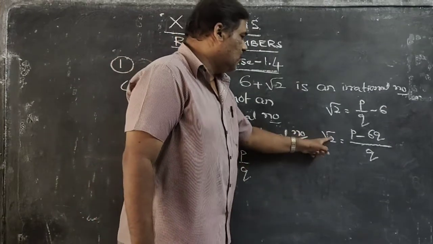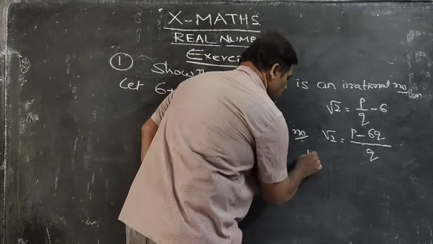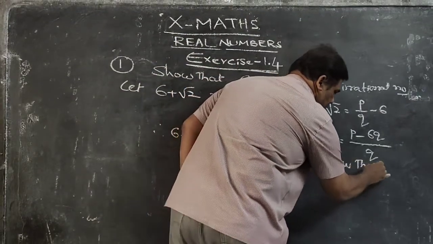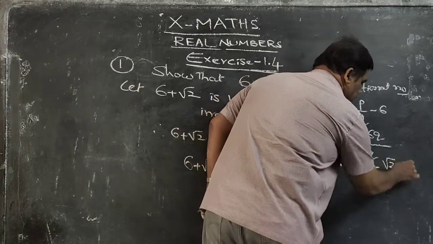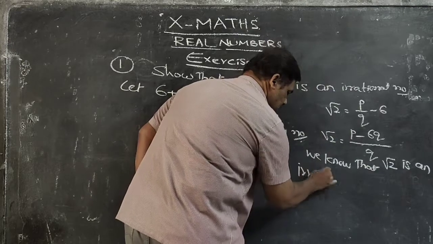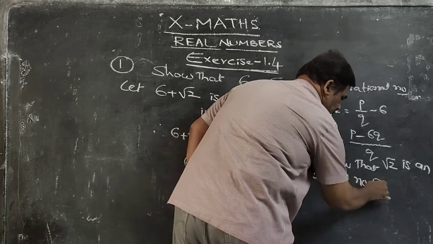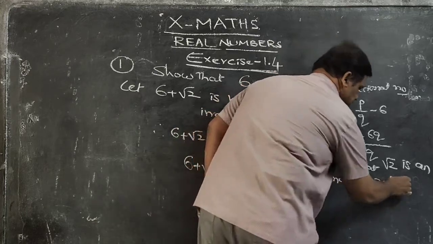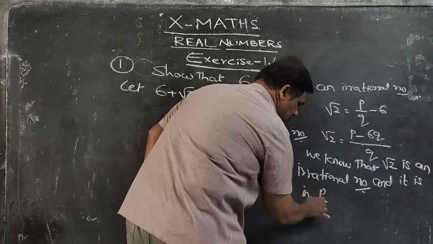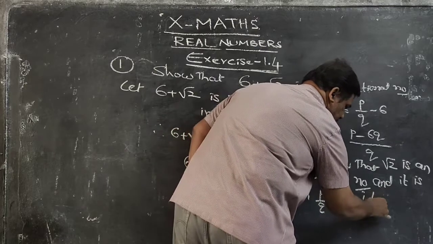So here root 2 is equal to P minus 6Q by Q. So we know that root 2 is an irrational number and it is in P by Q form, which is impossible.